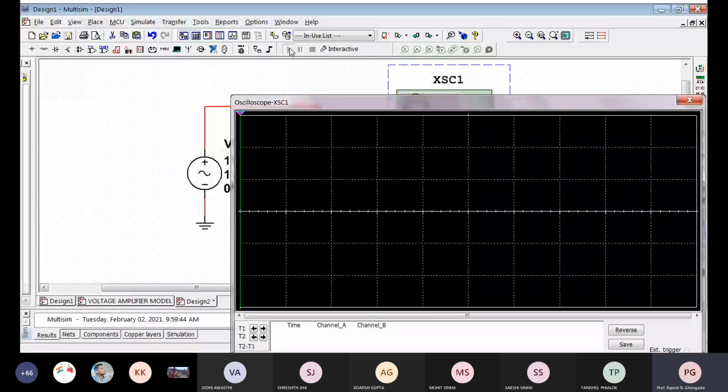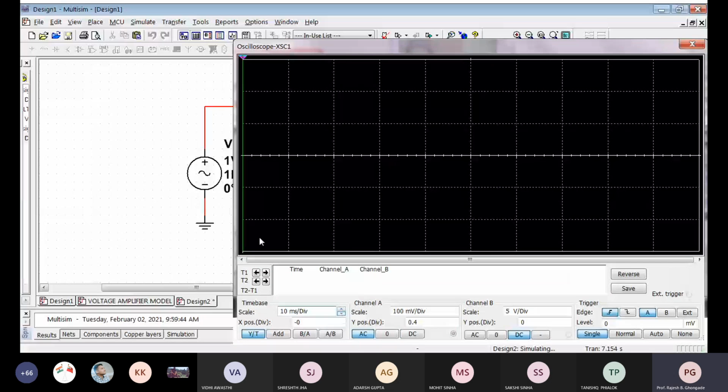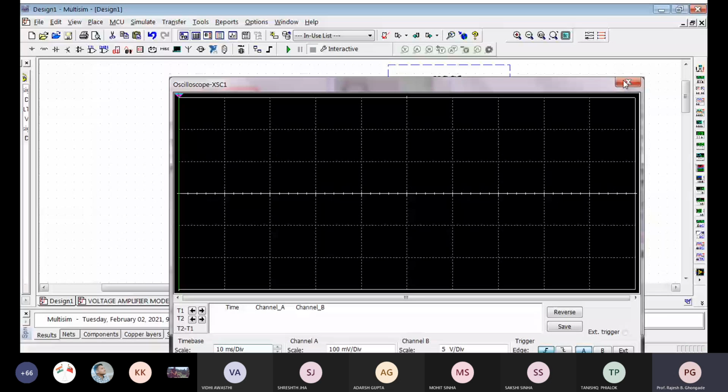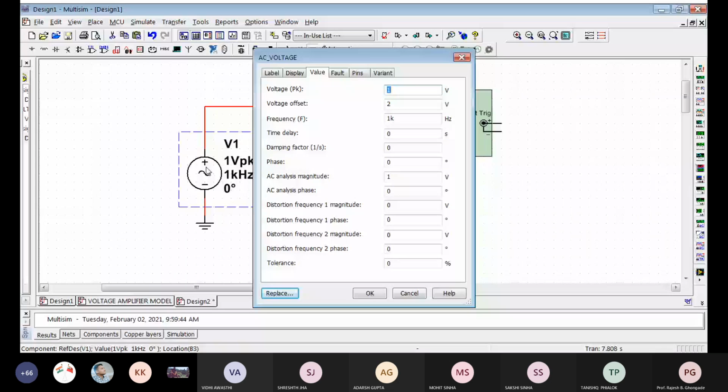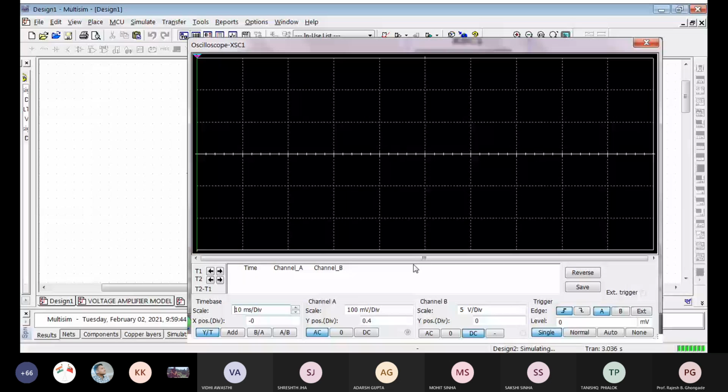Some problem with the software. This looks okay. Should have given me the signal. Let me restart this.